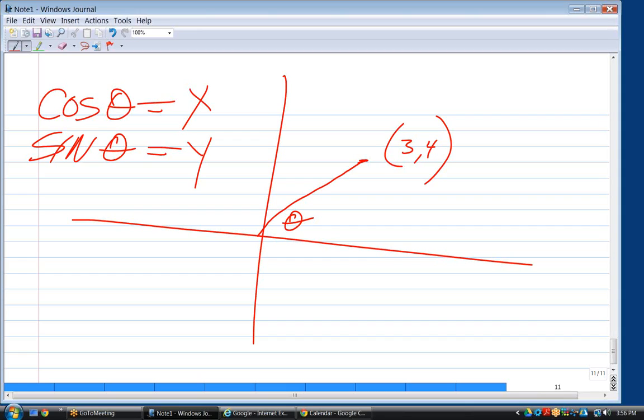This is just a point. I have to complete the triangle, and if this is 3 and this is 4, then the hypotenuse is 5, not 1. If it was a unit circle, the hypotenuse is always 1. But in this case, the cosine of theta equals 3/5.